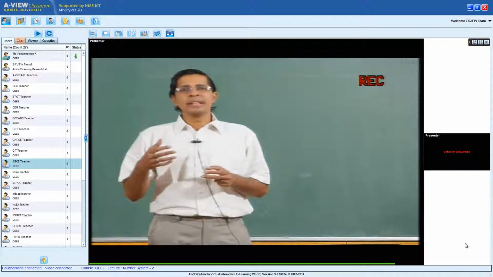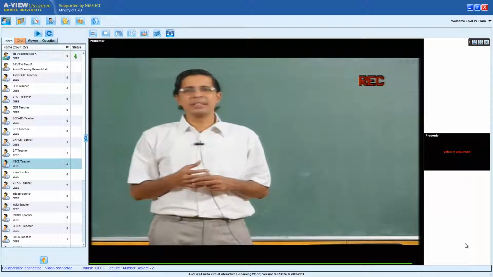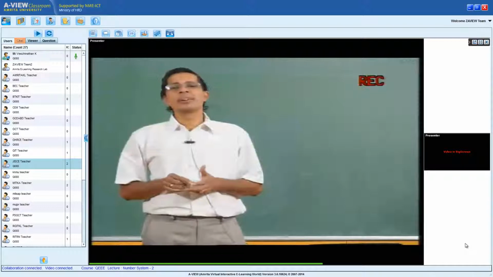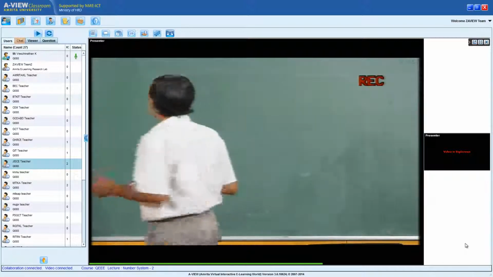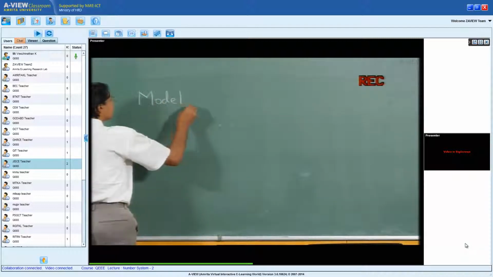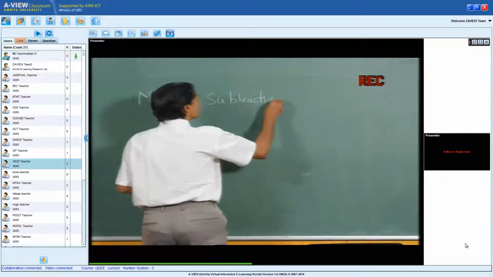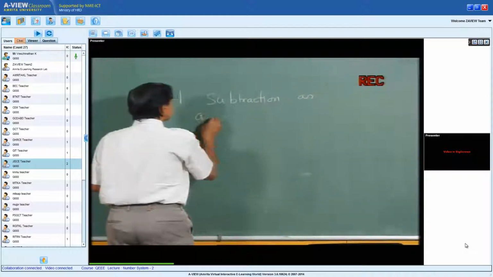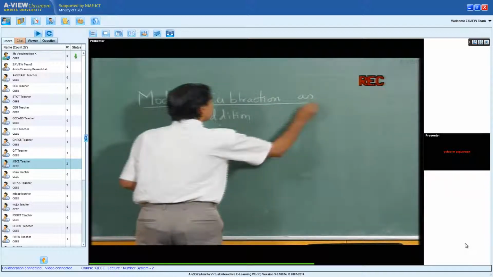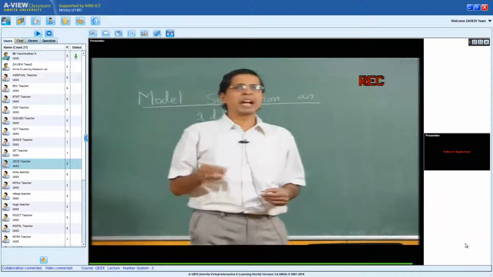So it is our responsibility, that is the compiler's responsibility, to model subtraction as addition. This is a necessity from the hardware point of view.